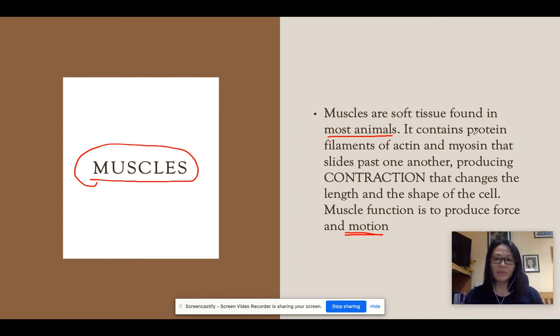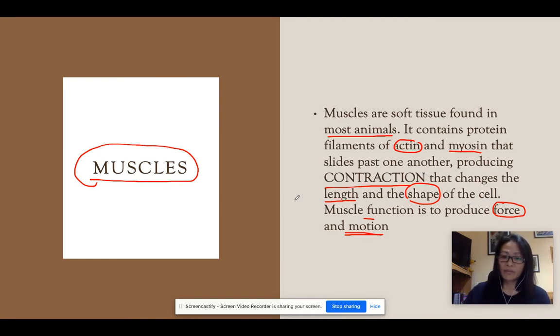It contains protein filaments of actin and myosin. Later, you will see what these two are that slide past one another, producing contraction that changes the length and the shape of the muscle cell. Now, the muscle function is to produce force and motion. Ito yung force, magtapon kayo ng bola, ito yung gaano kalakas ba talaga ang iyong muscles producing force.